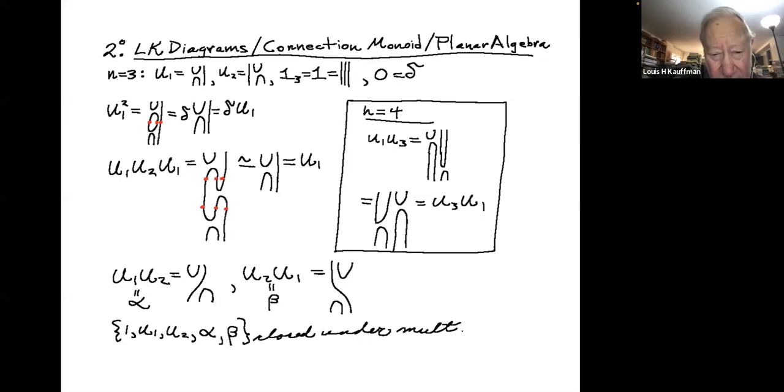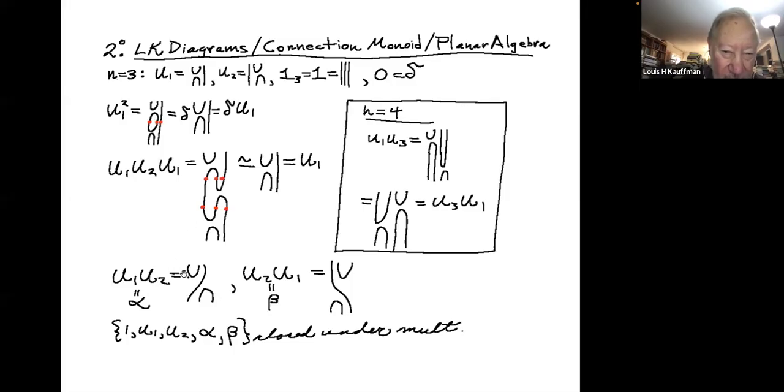If you take U1U2, then you get another element, which I could write like I have, by just indicating who's connected to whom. And that's the main point here, that what these pictures are doing is connecting lines either from top to bottom or from top to top in such a way that the lines do not intersect in the plane. Such pictures can be matched up so that you pair maxima and minima and written therefore as elements in the Temperley-Lieb algebra.